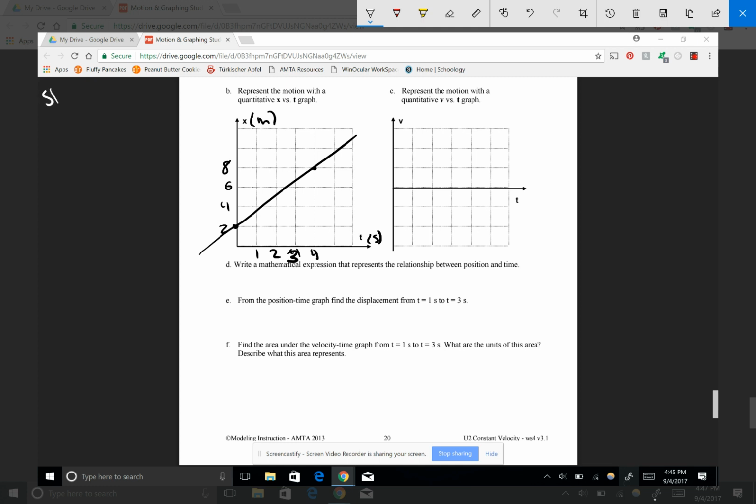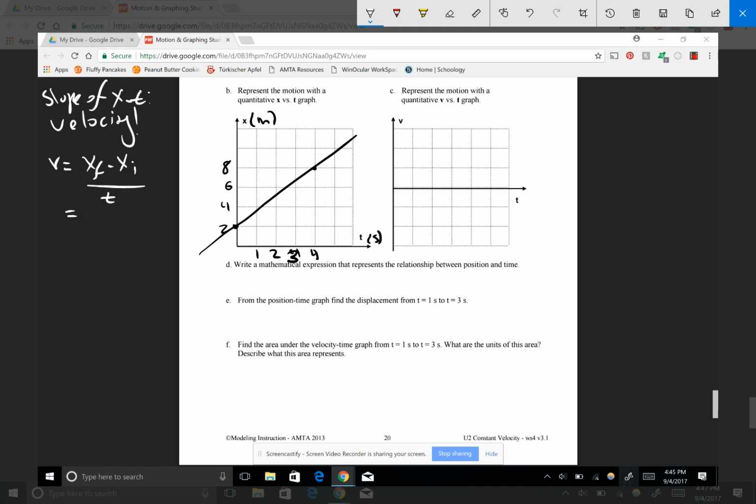The slope of a position time graph is velocity. Yay! Let's remind ourselves how we calculate velocity. We know that velocity is our displacement over time. And displacement is our final position minus our initial position over time.